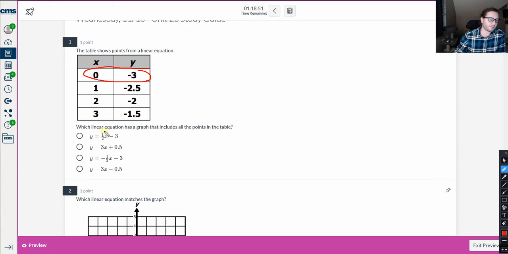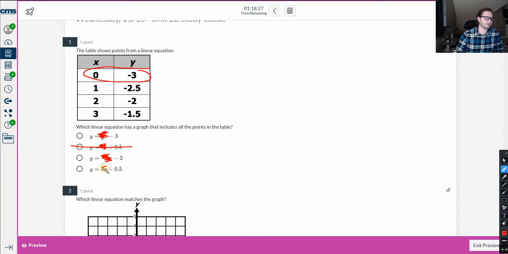So if x is 0, that basically goes away. So yes, -3, that checks out. 3 times 0 would equal 0, and no, 0.5 does not equal 3, or -3, so this one is out. Do the same here, times 0, that one would check out, would be -3, so it could be this one also.